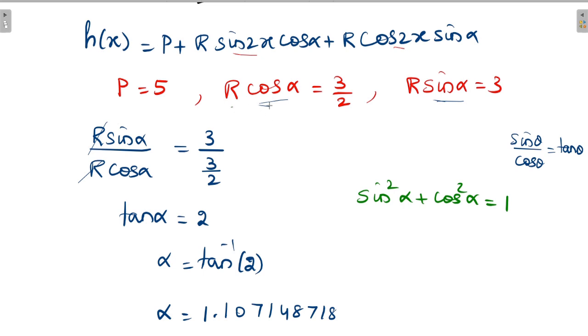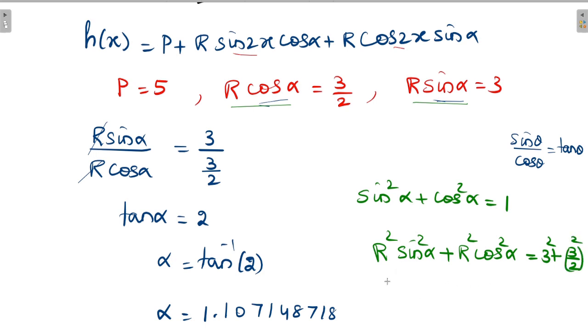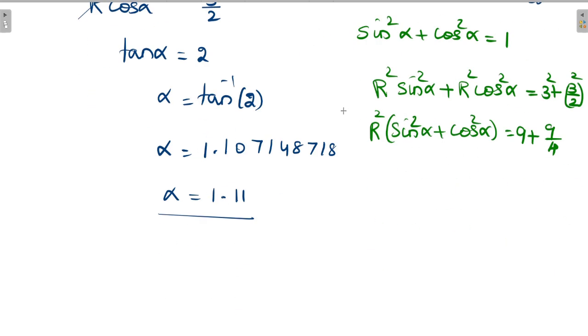So let's add these two equations. r square sin square alpha plus r square cos square alpha is equal to 3 square plus (3 by 2) the whole square. So r square is the common factor. sin square alpha plus cos square alpha is equal to 9 plus 9 by 4, and sin square alpha plus cos square alpha is equal to 1.